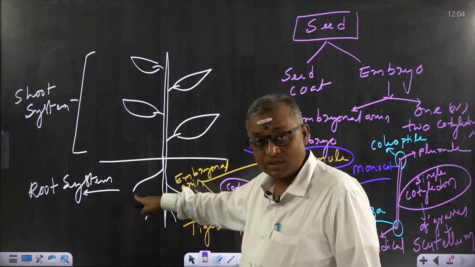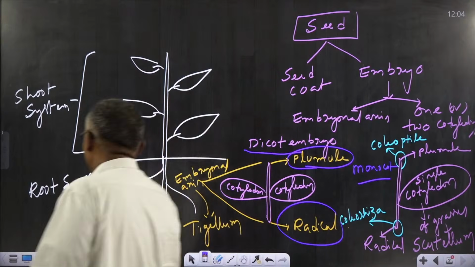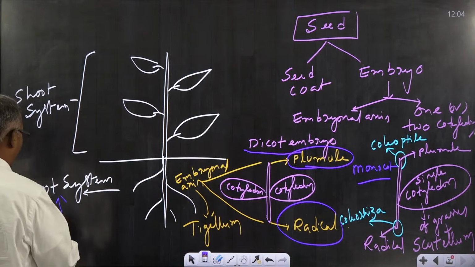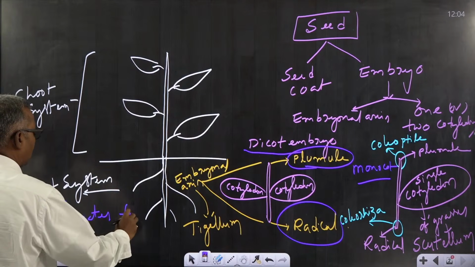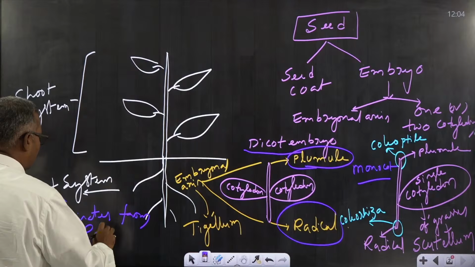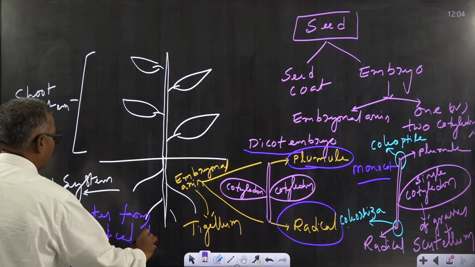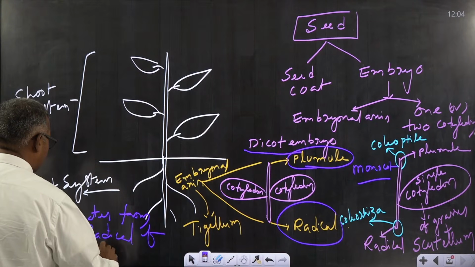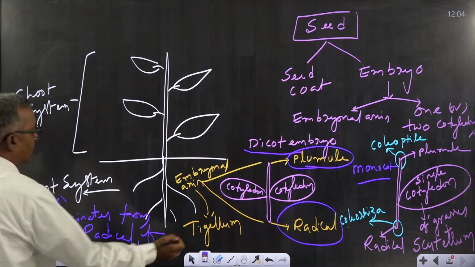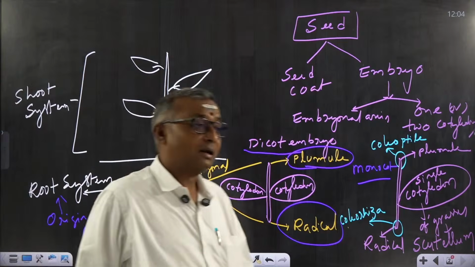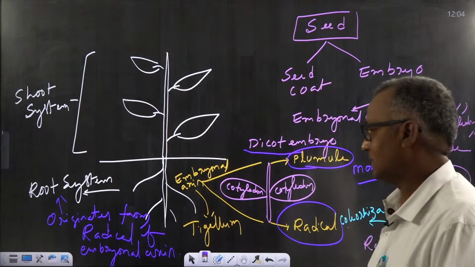Now this root system originates from the radicle of embryonal axis. From where does it originate? A radicle of embryonal axis.